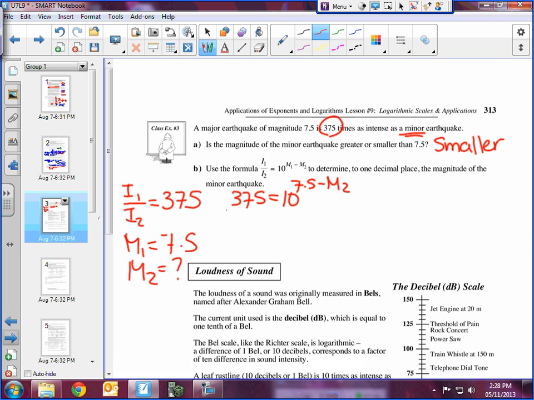So I have log base 10. Then, what's my argument? Good. Does everyone understand where that came from? So it's just changing exponential form to logarithmic form.